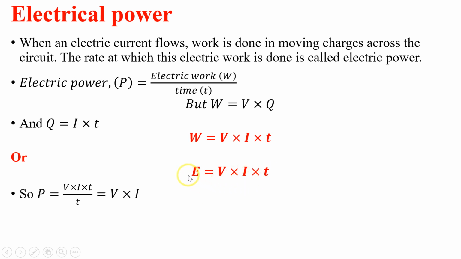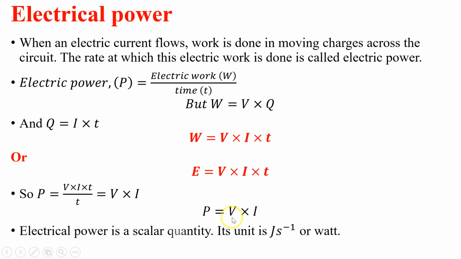Usually work done is equal to the energy supplied, so we can use both equations for calculations. Power is the rate of doing work or the rate of energy supplied. Putting the value of energy in this equation, we get the final value of power to be voltage multiplied by current. Electrical power is a scalar quantity and its unit is joule per second, or watt.